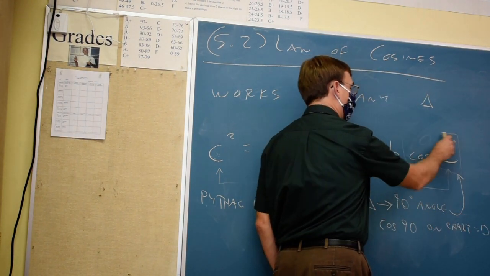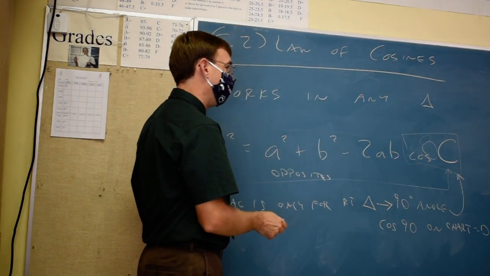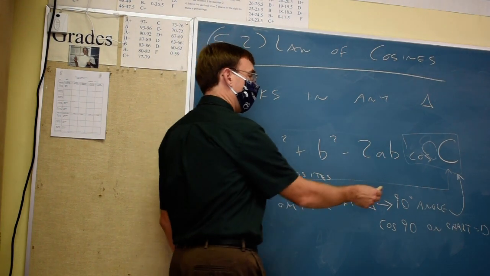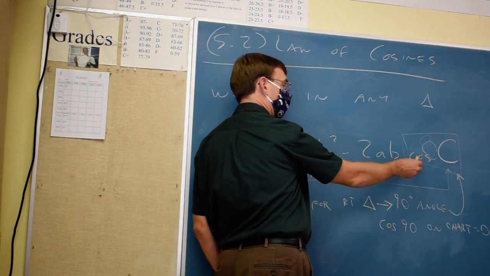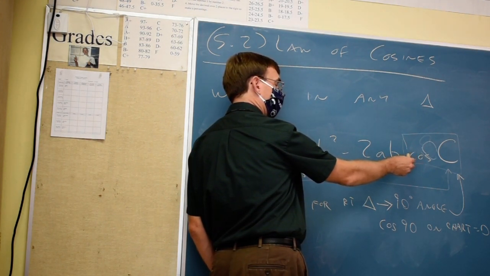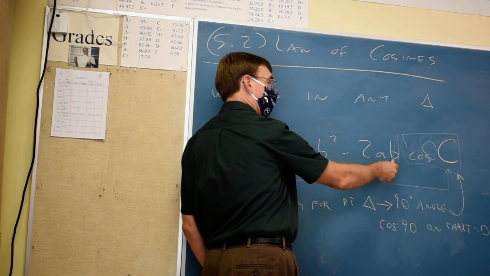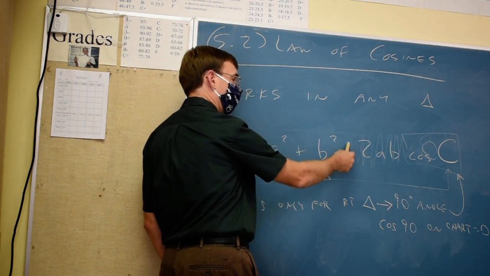So if this part of the equation became 0, what would happen if you stuck a 0 here? Yeah, 0 times things makes 0.